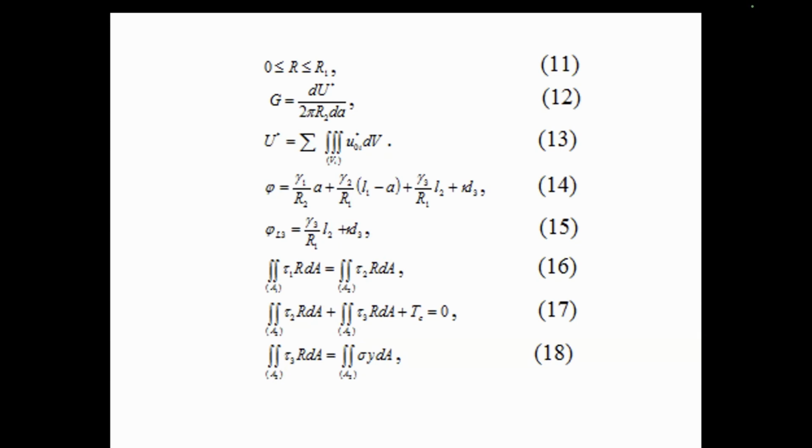The strain energy release rate that is obtained by applying formula number 12 is confirmed by investigating the energy balance in the shaft. Numerical results for the normalized strain energy release rate are exposed in the next 3 figures.